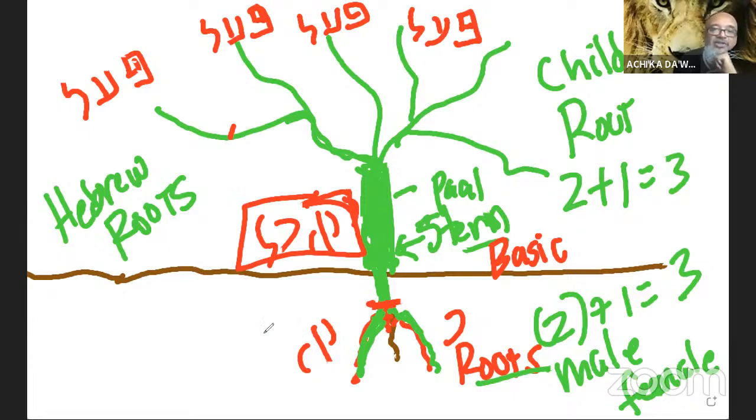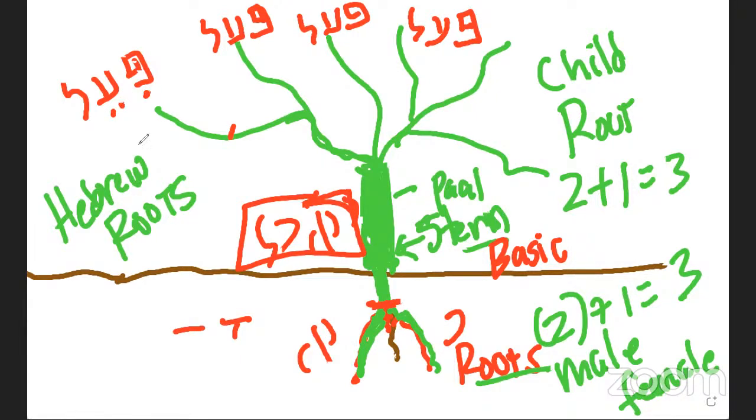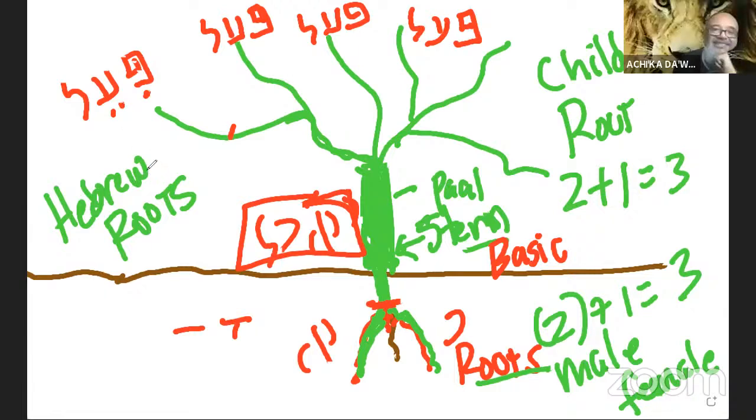So instead of me just doing a basic one, this branch over here became a pi'el. Then this one here is a little different, so I'll add a hey to it, and then I'll put a hif'il. It's still a pa'al, it's just functioning differently.